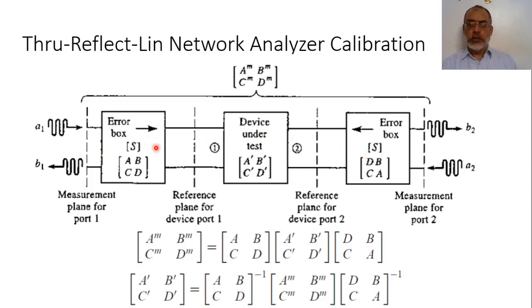And because we are talking about reciprocal error boxes, here is port 1 and port 2 of the error box, and here is port 2 and port 1 of the other error box. In this case, the order of the ABCD of the second port is converted such that the D becomes in the place of A and A in the place of D.